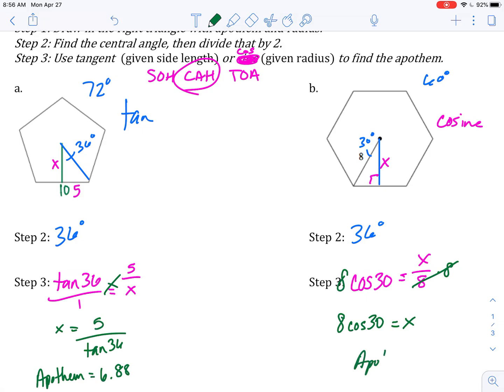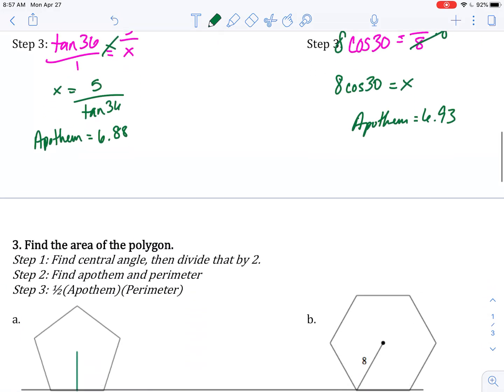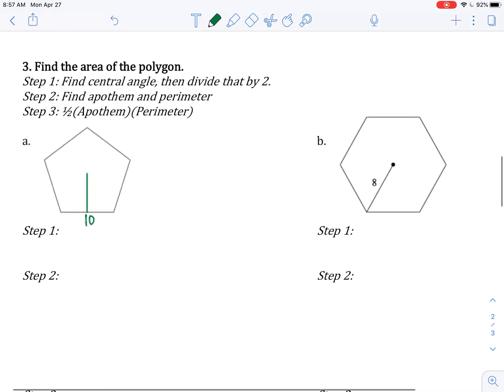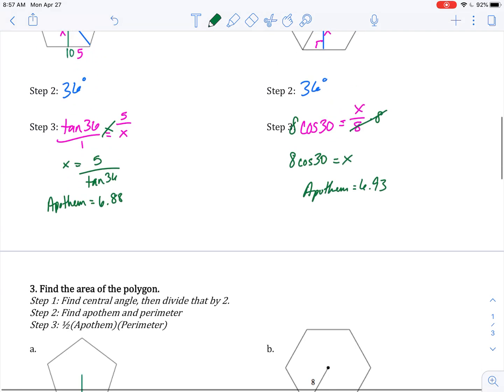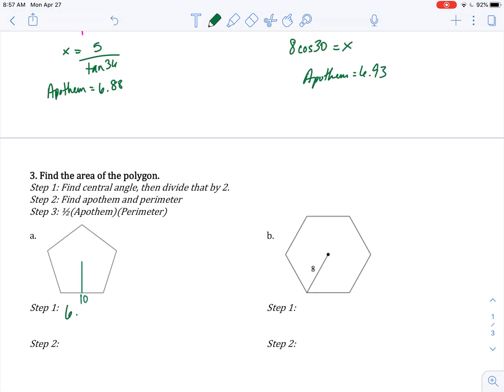So if I do 5 divided by tangent of 36, this one would be equal to 6.88, and 8 times cosine of 30, the apothem is 6.93.